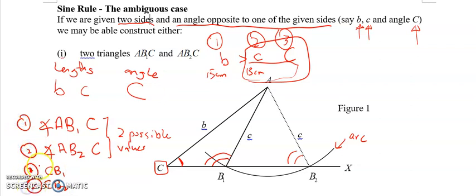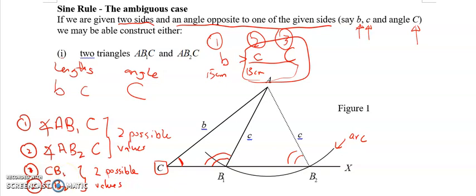Two different shapes, two different possible triangles. So two possible values of the length CB. So two possible values of angle ABC and two possible values of the length CB.